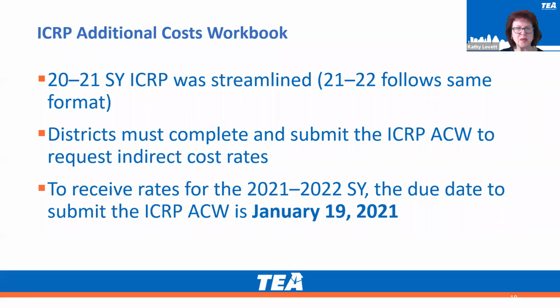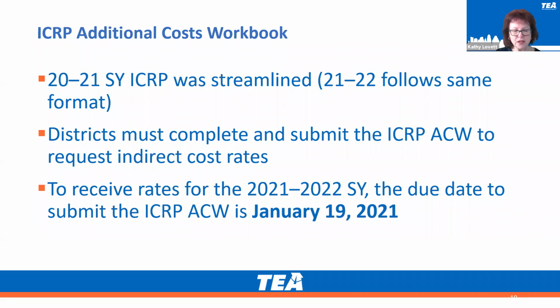We're stressing this because submission is the cue to TEA that you want a rate calculated for your LEA. This submission of the ACW serves as a district's official request for indirect cost rates. If a completed ACW is not submitted by a district, TEA will not calculate or issue rates for that district for the upcoming school year.